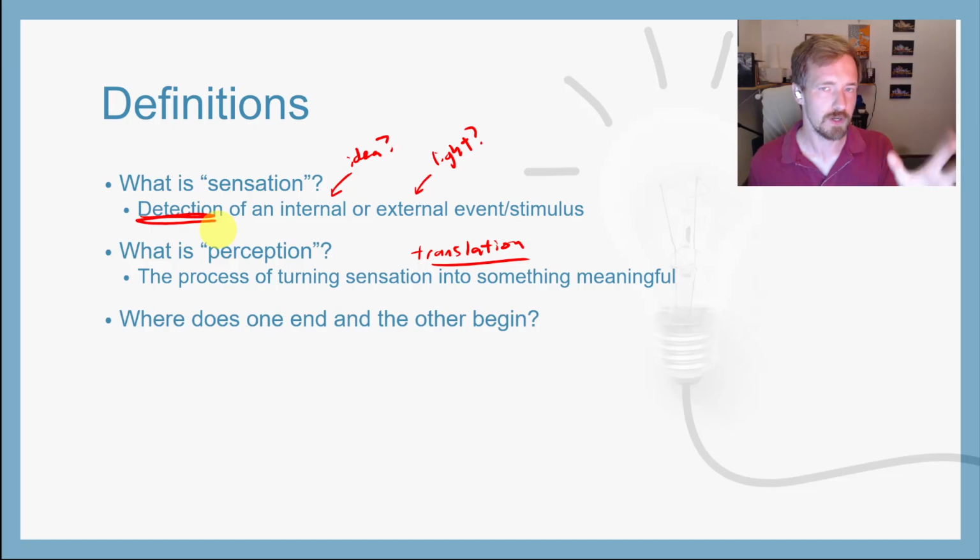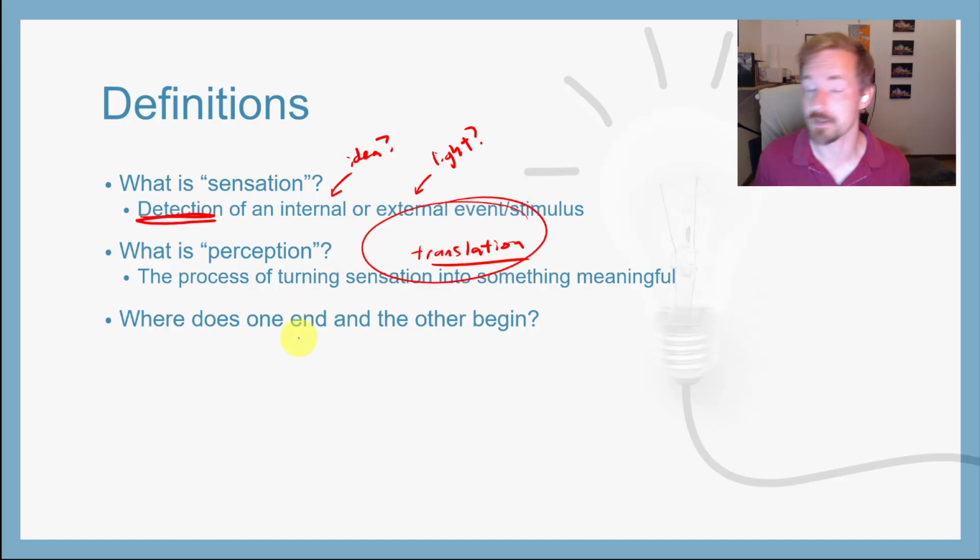I feel like I'm already getting into the weeds, but if somebody's got their high beams on at night when it's pitch black, that feels extremely bright, right? But what if you are in the middle of the day and somebody has their high beams on? It doesn't feel as bright. That is a difference in the translation of that stimulus, so it's kind of a perceptual thing at that point. But as we are going to see this semester, those boundaries really get murky and they can overlap in a lot of different ways.